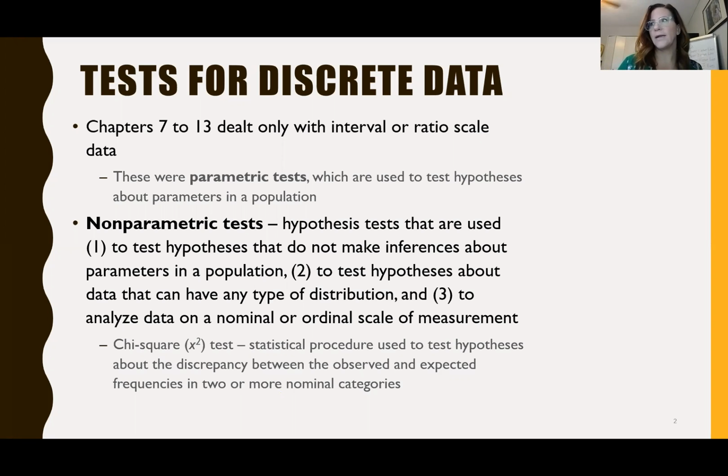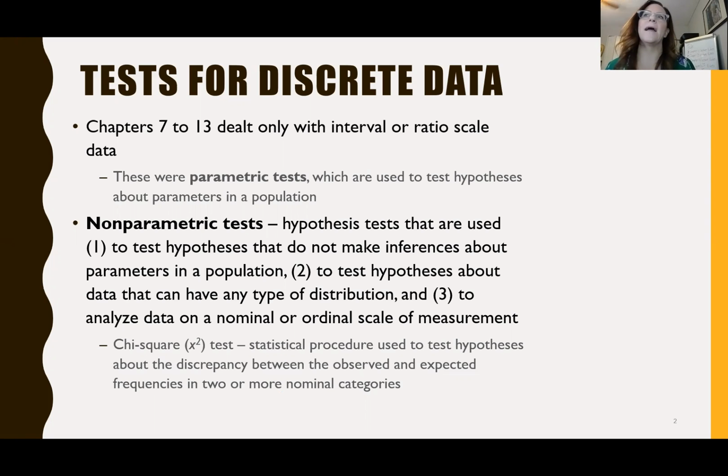We're inferring that our sample will look a certain way within the population. It generalizes to the population. And this is because we're able to estimate parameters in the population. We have actual normal distributions because we have continuous data.